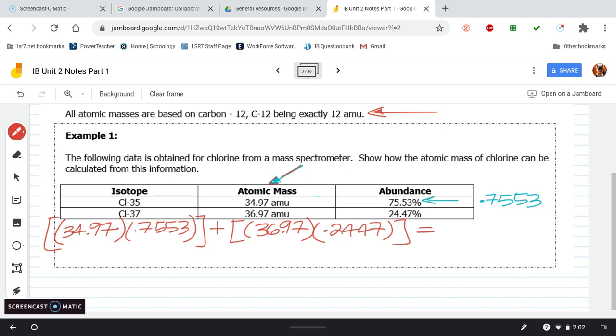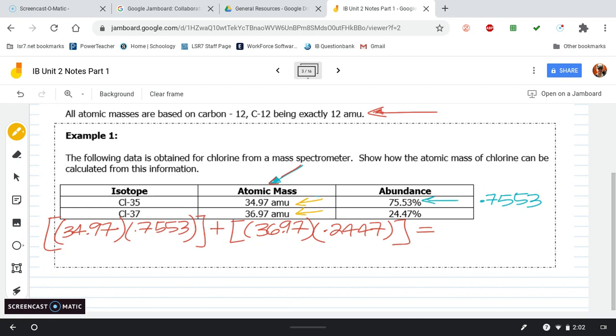Okay, how do we know if our answers may be right? Well, here's a pretty easy way to look at it. It better be between the high value and the low value, because remember, averages need to fall in the middle. If it doesn't, we probably didn't get it right. So let's go ahead and plug it in. So let's take 34.97 and multiply it by 0.7553, hit enter. And then we're going to add that to, in parentheses, 36.97 times 0.2447, close parentheses.